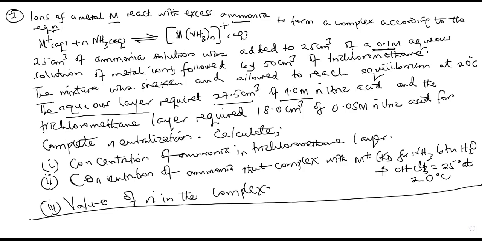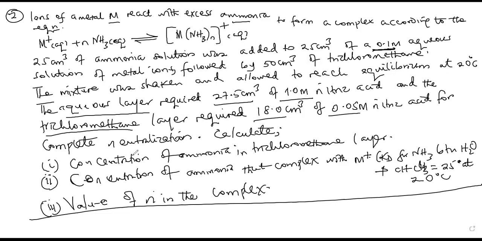So we can get the concentration of ammonia as a result. Then they are saying that trichloromethane required 18 of 0.05 molar nitric acid. So still here we can get the concentration of ammonia in the trichloromethane layer, right?